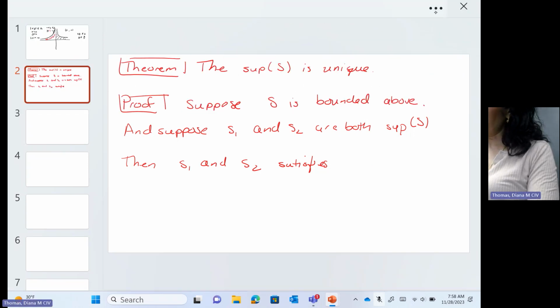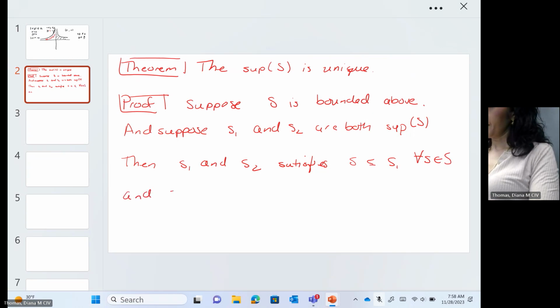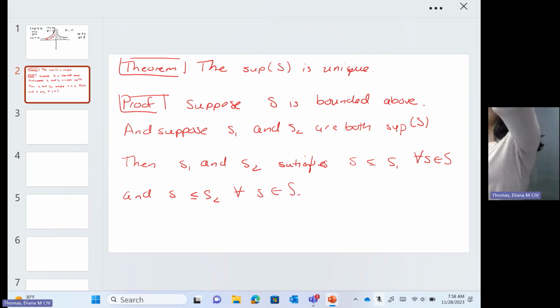It's been a while, right? SUP is the upper bound. That's the first property of SUP, that the SUP is an upper bound.